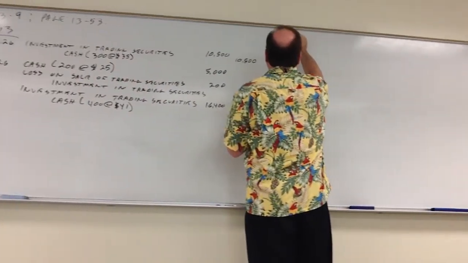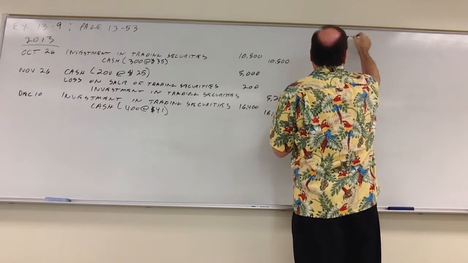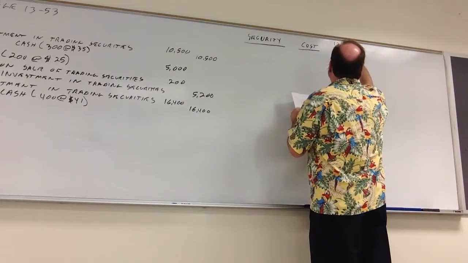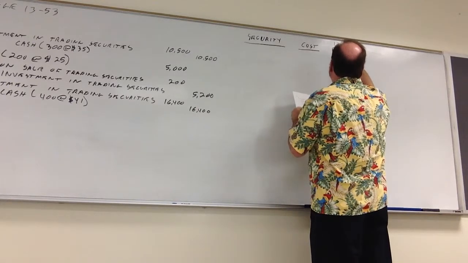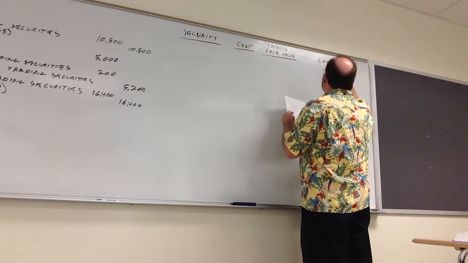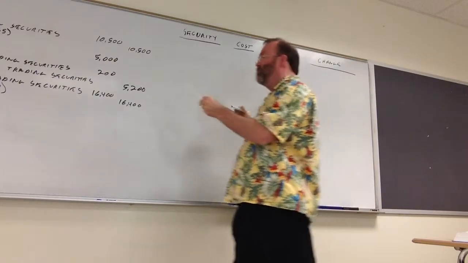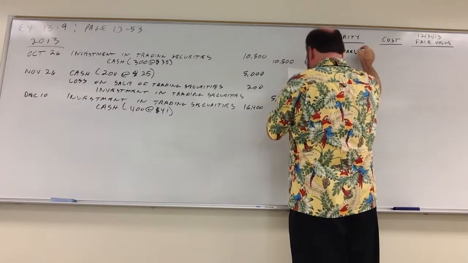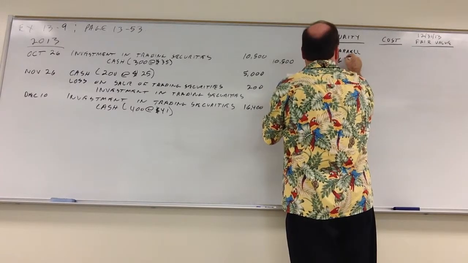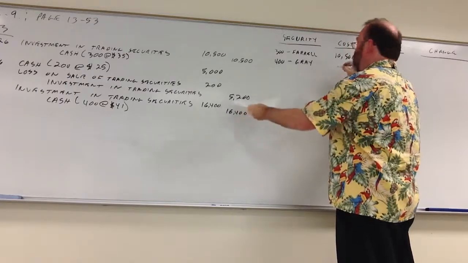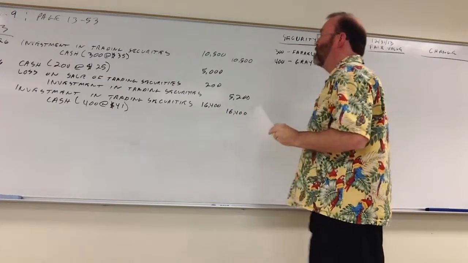So now we need to determine the fair value at year end. So we have two stocks left, 300 of Farrell and 400 of Gray. Farrell cost us originally $10,500 and Gray $16,400, because they were trading at 35 and 41 respectively at the moment we purchased them.